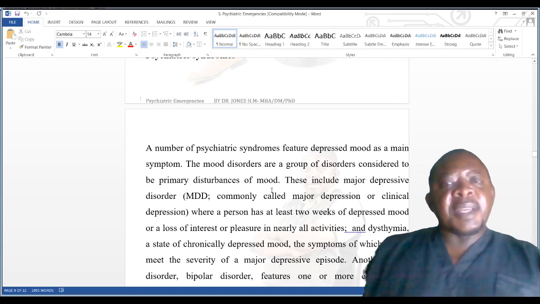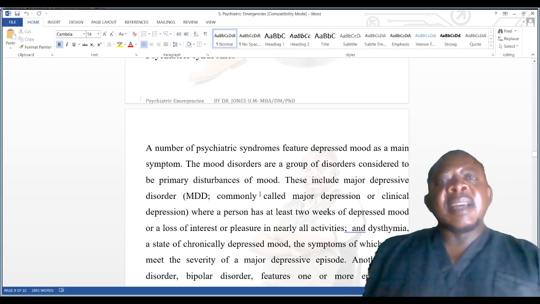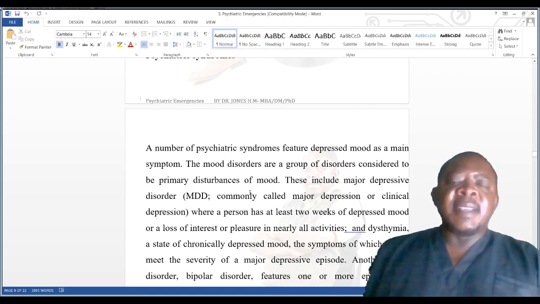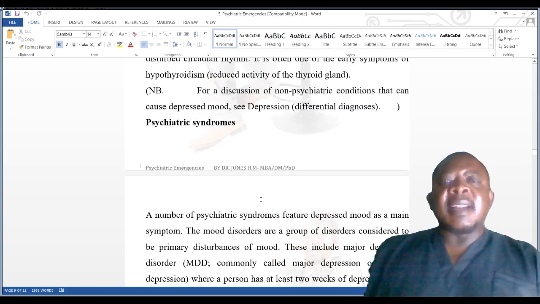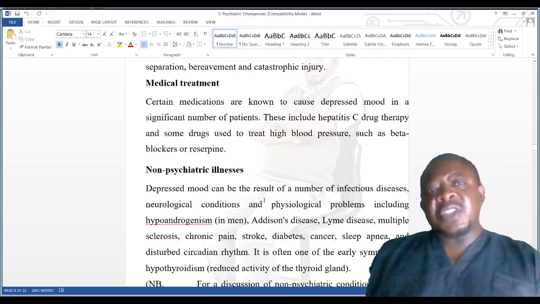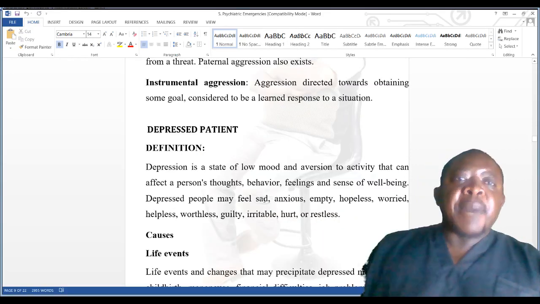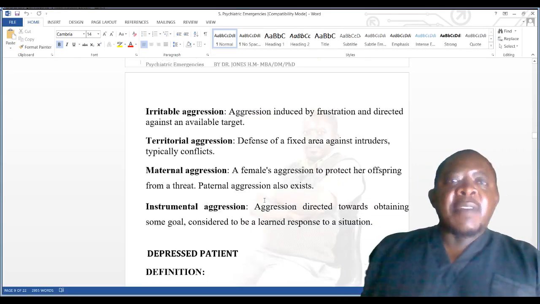But we have to consider the condition or the underlying factors that might have led to the condition. Okay, so in this first part of our presentation, we have looked at three conditions that are considered psychiatry emergencies.